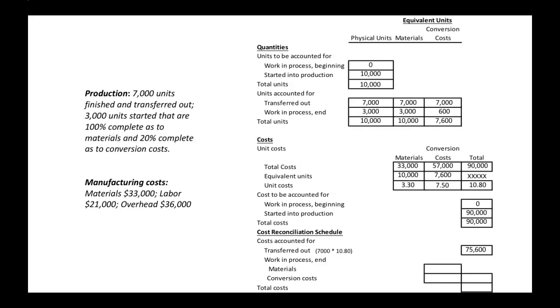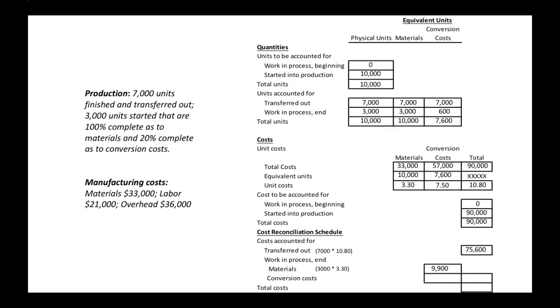So we have 3,000 units in our ending work in process for materials. We take that 3,000 and we multiply it by what our unit cost is for materials. So 3,000 times $3.30 gives you $9,900.